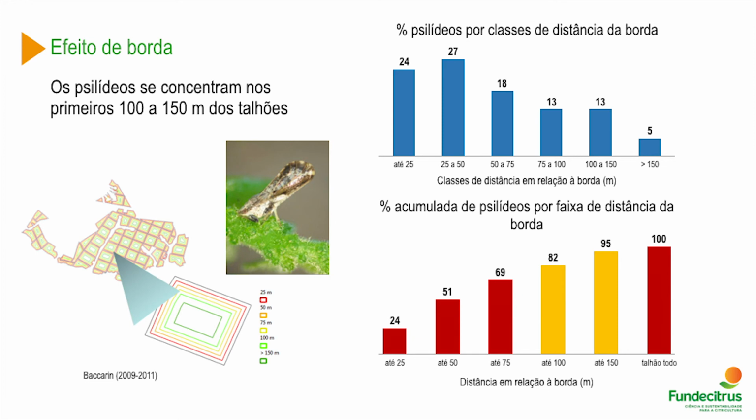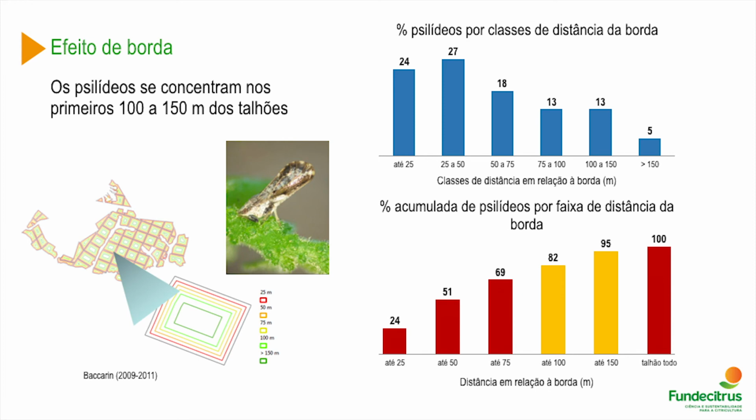And that is because of what we saw later on when we compared where psyllids were found, both in visual inspections as well as with prep inspections. This is something that the study done by Pedro Bacarin, the former student. He did not end the study, but the results that he got were very interesting, showing that up to 25 meters of plots, you would find 24% of psyllids.